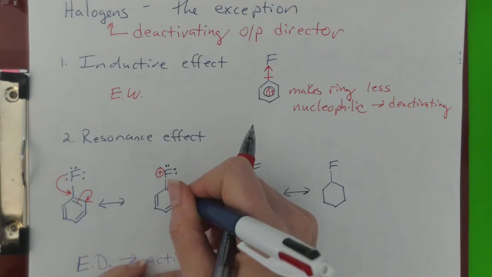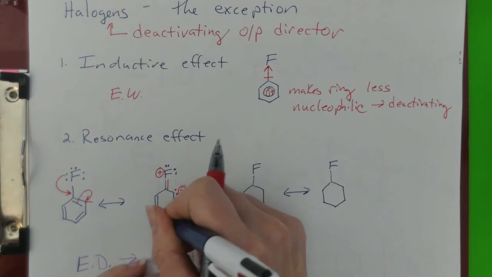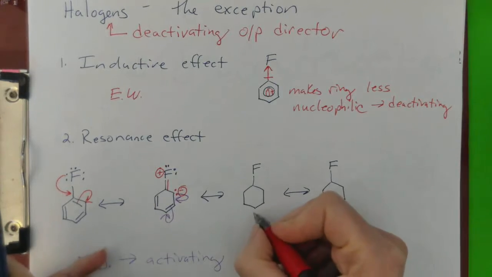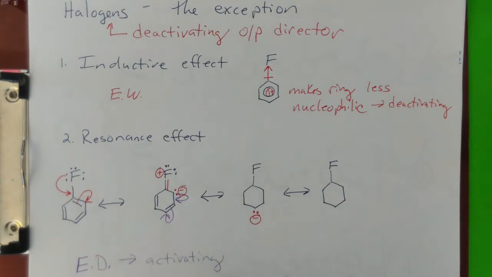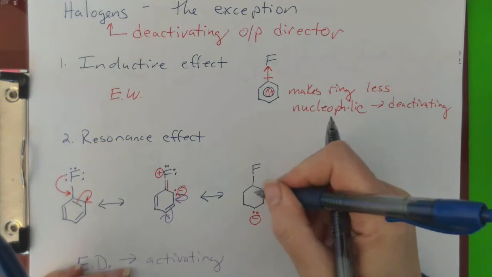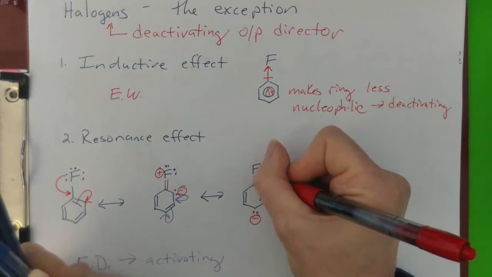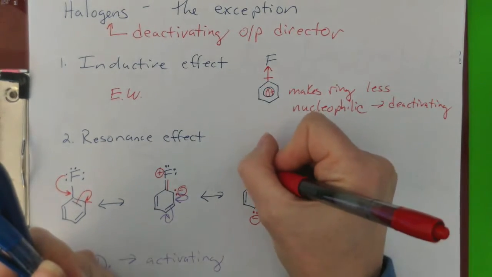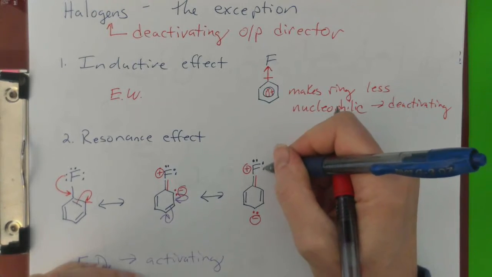So if I start from the lone pair here and make it a bonding pair, I'm going to push these here. So I'm going to put the lone pair here with that minus charge. And now I still have this double bond. I still have 2 lone pairs here.